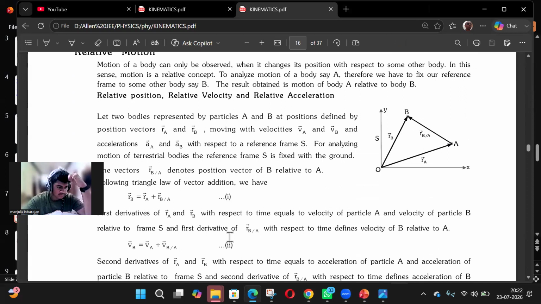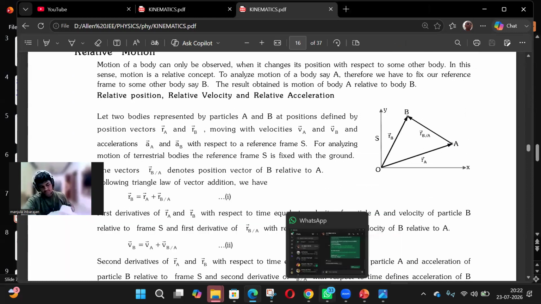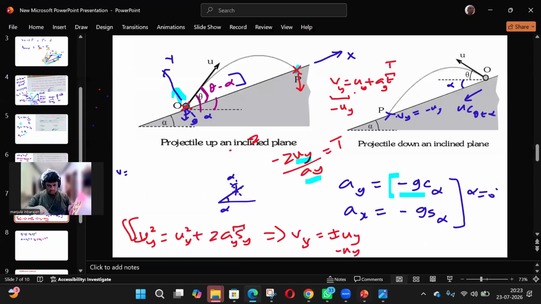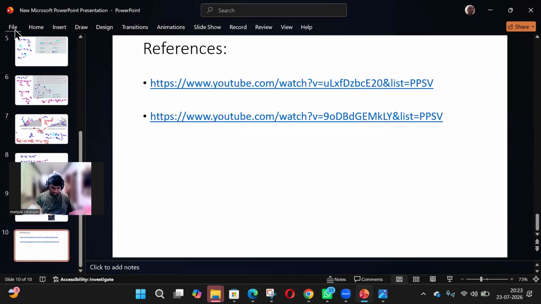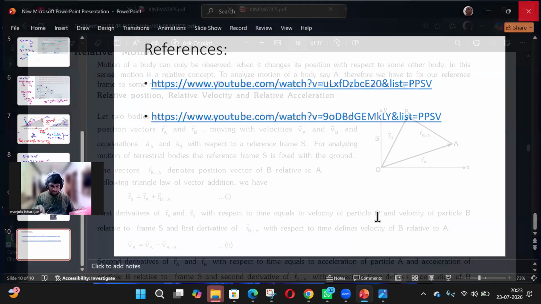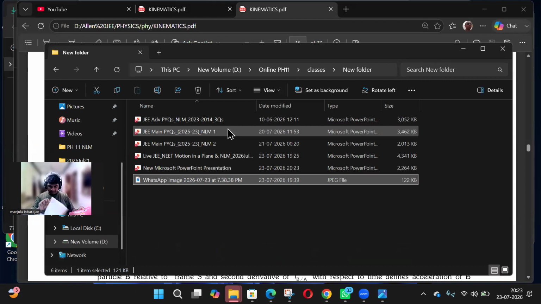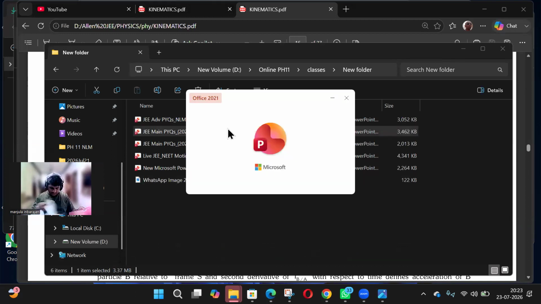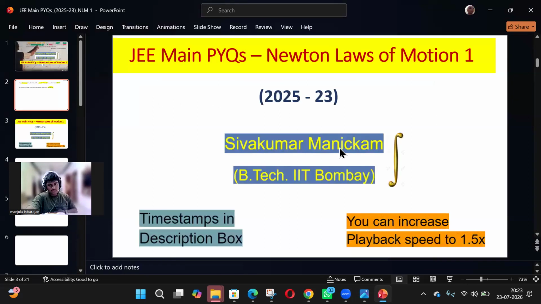Then the law of conservation of momentum, change in momentum in different cases, the collision things, collision between two objects. The friction concept they are taking.